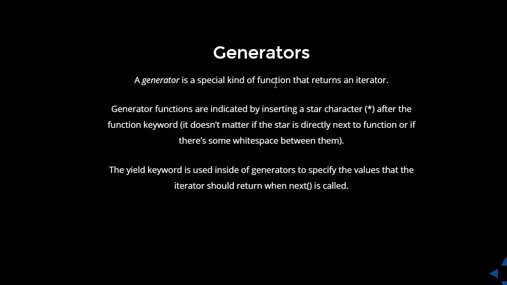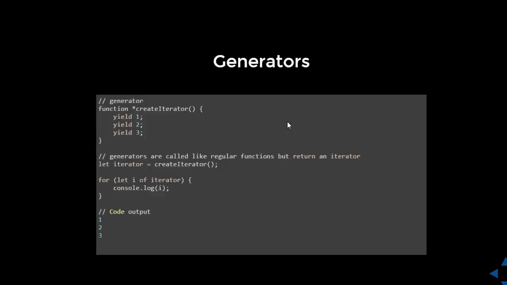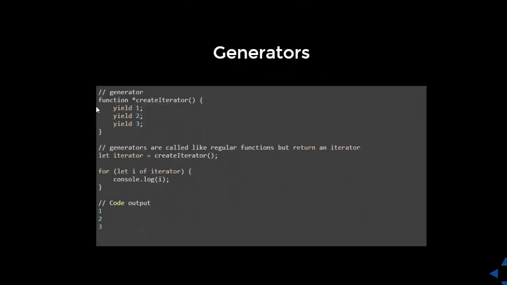Generator functions are indicated with a star after function. This is the indication of a generator function. Such functions are called generator functions, and they return the iterator object. When I call this createIterator function, it returns an iterator.